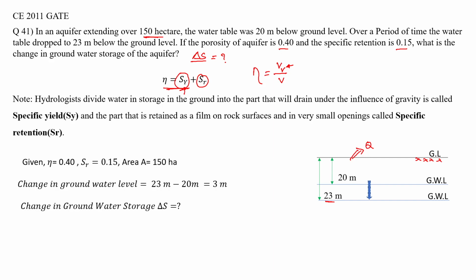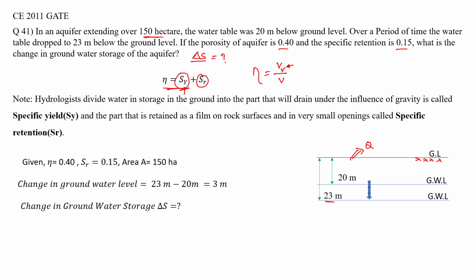You can do this experiment simply by calculating the weight of the sponge before and after squeezing, and with the weights and density you can calculate. So after squeezing, some water is still left in the sponge. That amount of water is the specific retention. The amount of water drained away from the sponge when you squeeze is the specific yield. That is the analogy I want to give.